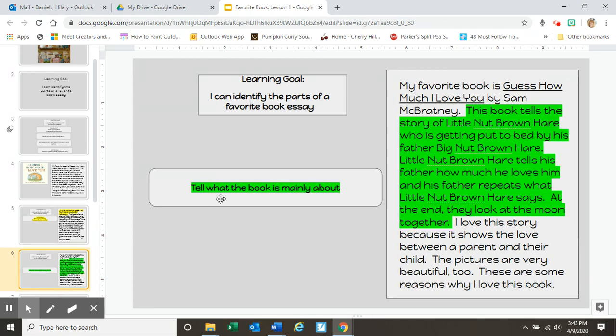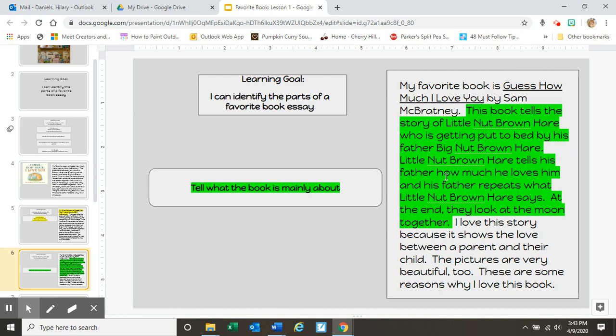Now, this is the part where I told what the book is mainly about. I said that this book tells the story of little Nut Brown Hare, who was getting put to bed by his father, Big Nut Brown Hare. So I mentioned the main characters in the book and what happens in the beginning.